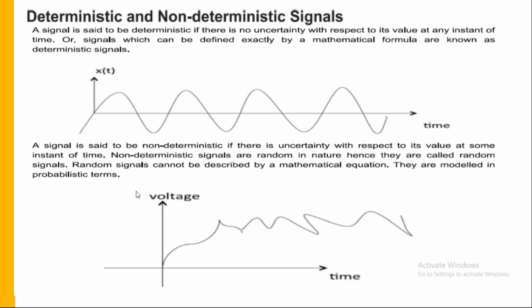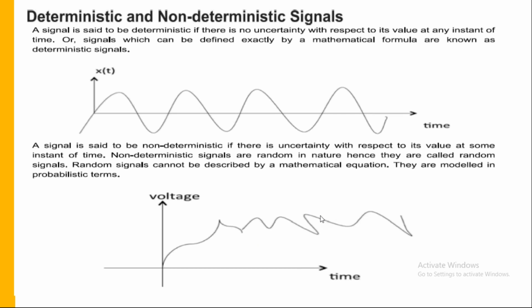Or random signals. I can tell you an example here. The noise that is there in the channel is an example of a non-deterministic signal. You can't represent the noise by a mathematical equation like this. Similarly, if you utter words and plot the graph of your voice signal, it looks like this. But that is a complex signal.